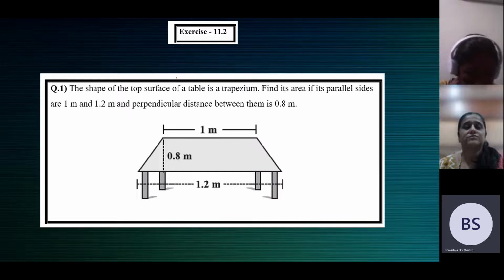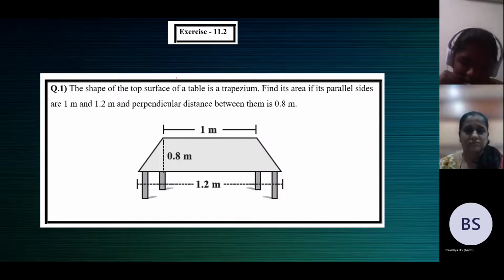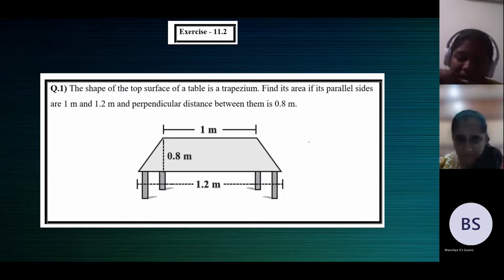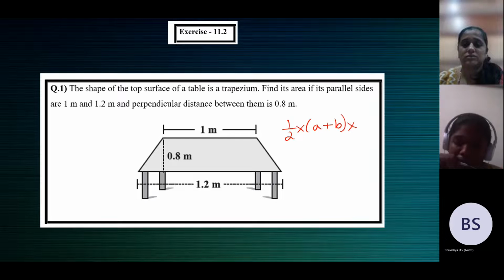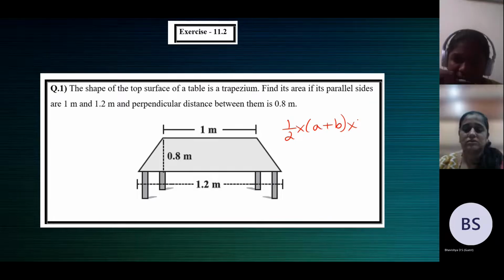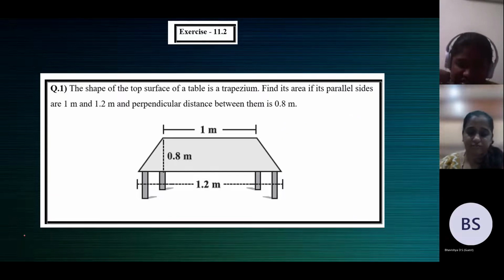Ma'am, 1/2 h. And half into base into half base plus. Half into a plus b into... B plus C. h.